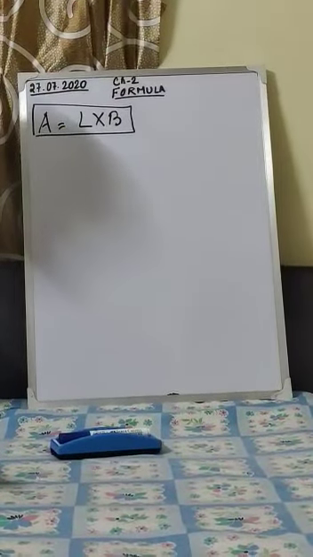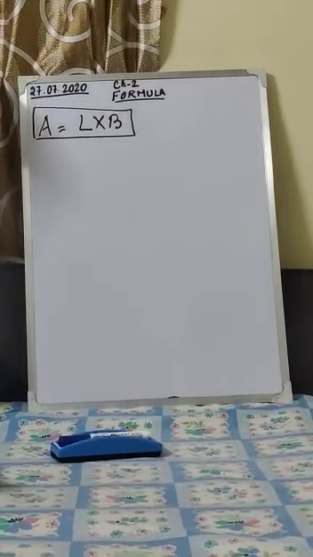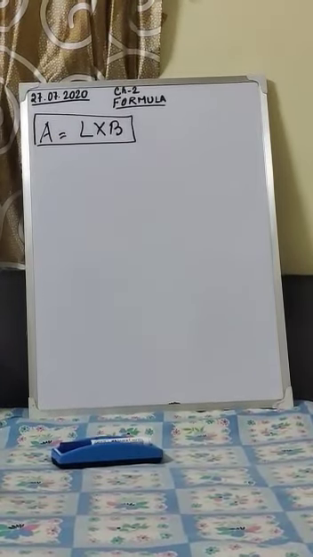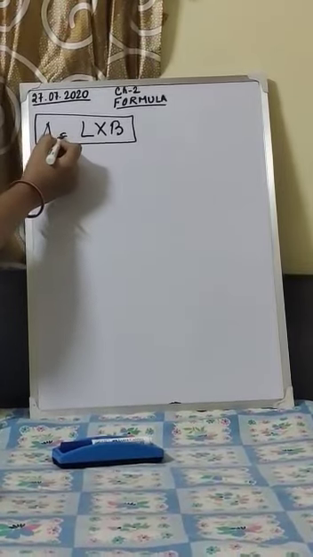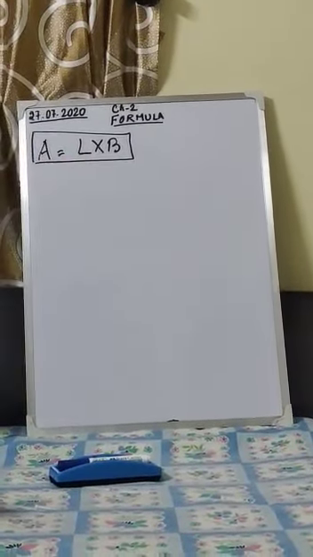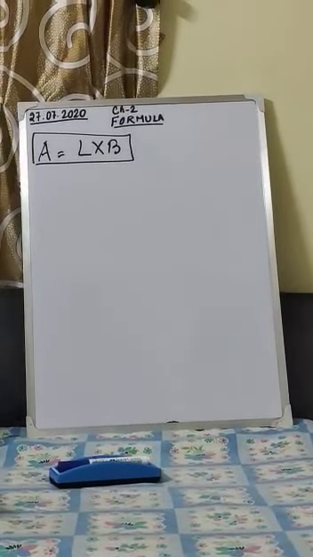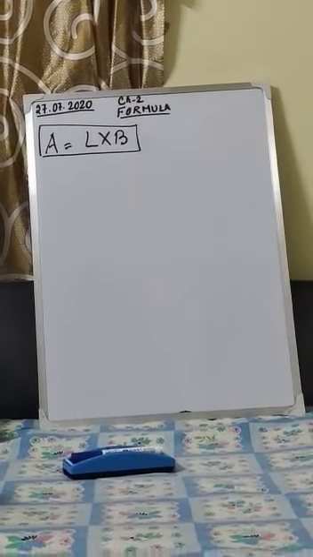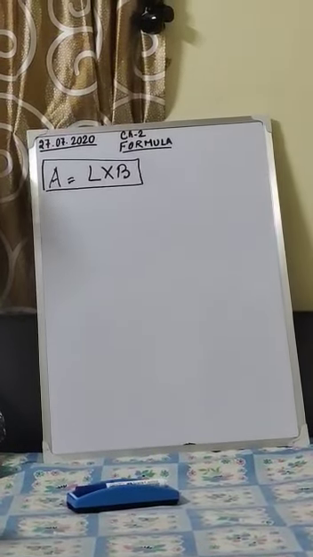Area of rectangle is equal to length into breadth. From this symbol, we can easily understand the relationship between length and breadth, and after multiplying you get the area of the rectangle, right?